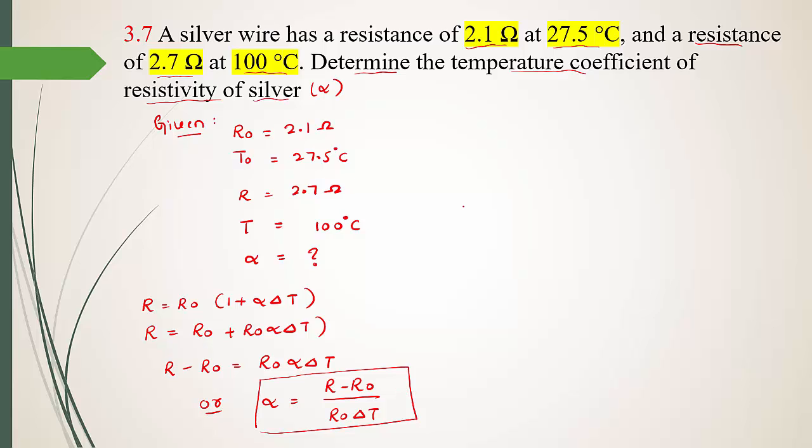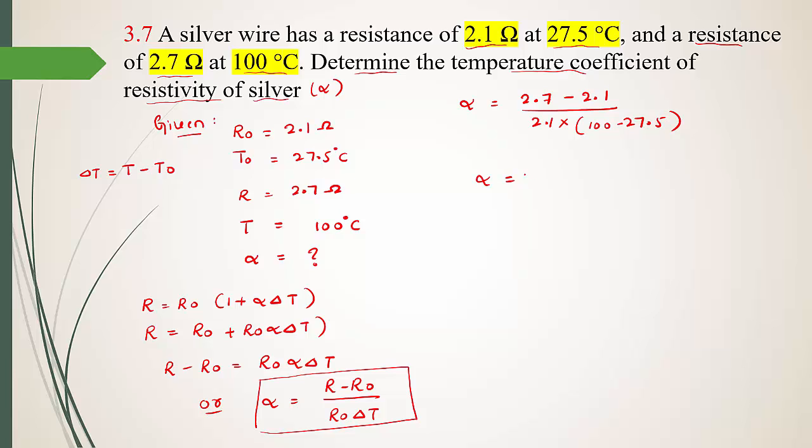Yes, now we can substitute the values. Alpha equal to, what is the value of R? 2.7 ohm minus R0, which is 2.1, divided by R0, which is 2.1, into delta T. Delta T indicates the change in temperature, T minus T0. So here we can write T is 100 minus T0 is 27.5 degrees Celsius.